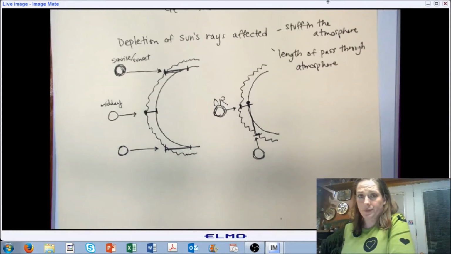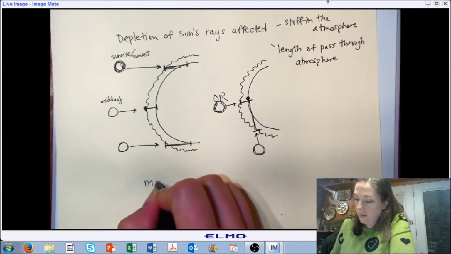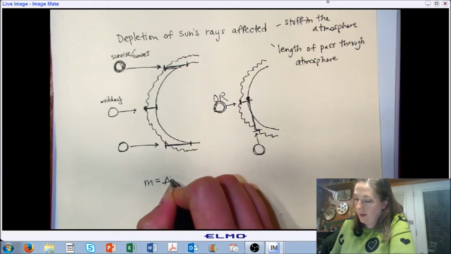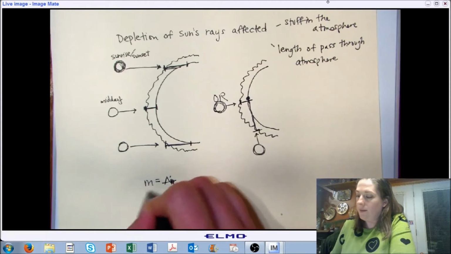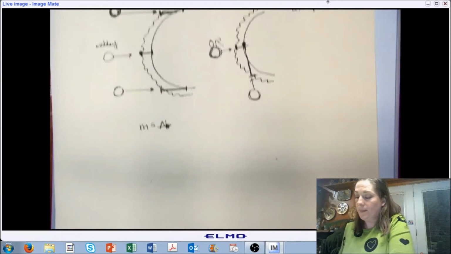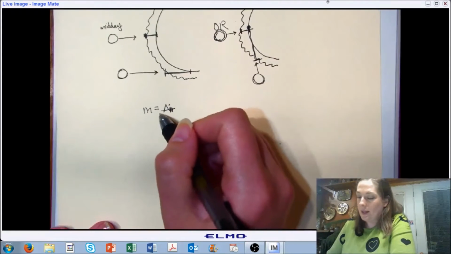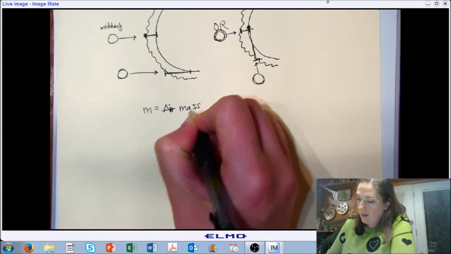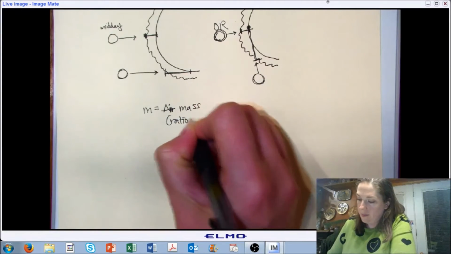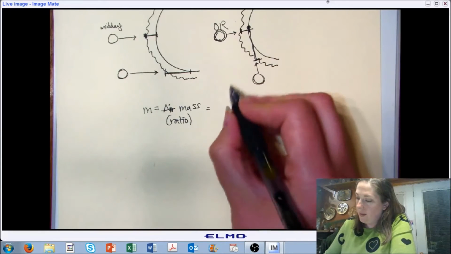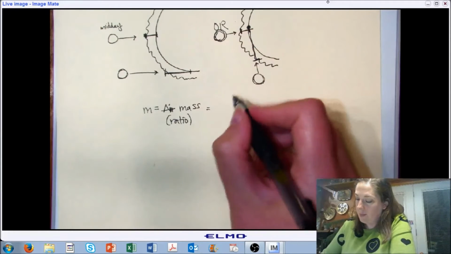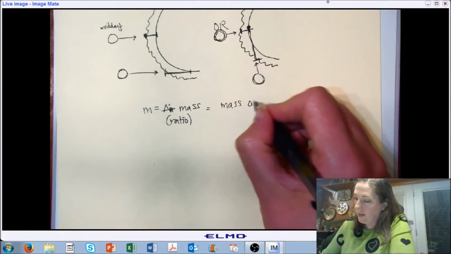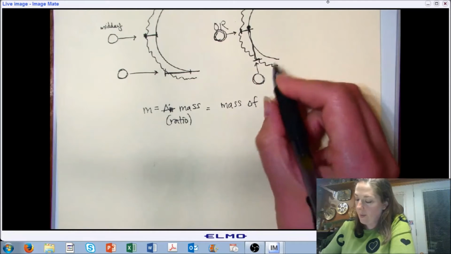If we represent using a little m, and I apologize for the duplication of variable names, I'm going with your book, the air mass ratio, we can use it to explain this need to account for where we are and when.